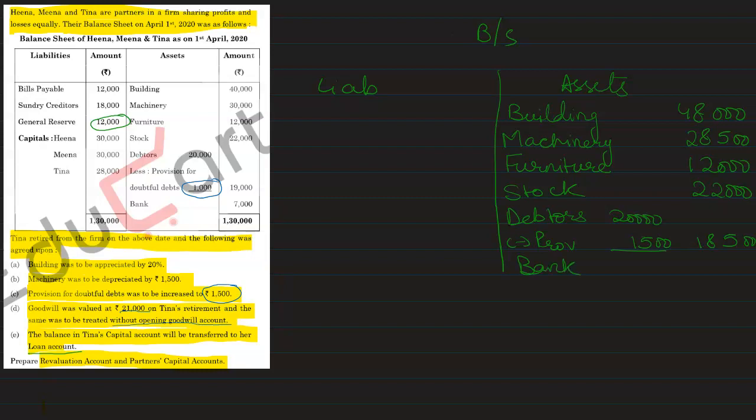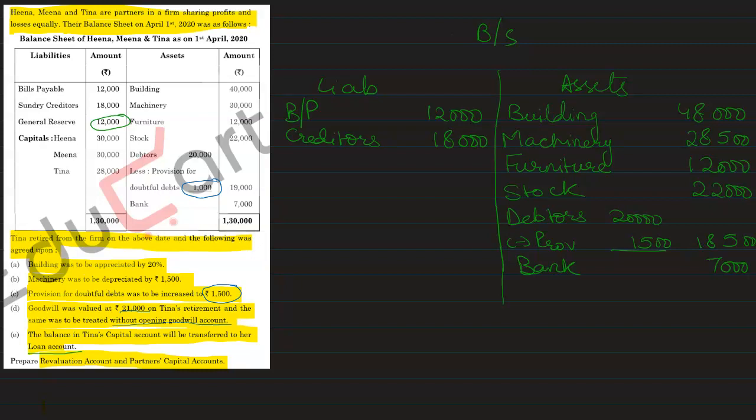Neither have we received anything nor paid anything, so the bank balance will also remain the same. Now on the liabilities side, there has been no revaluation in respect of bills payable, so it will also remain the same. The creditors will remain unchanged. General reserve has been distributed, so we will not enter it.